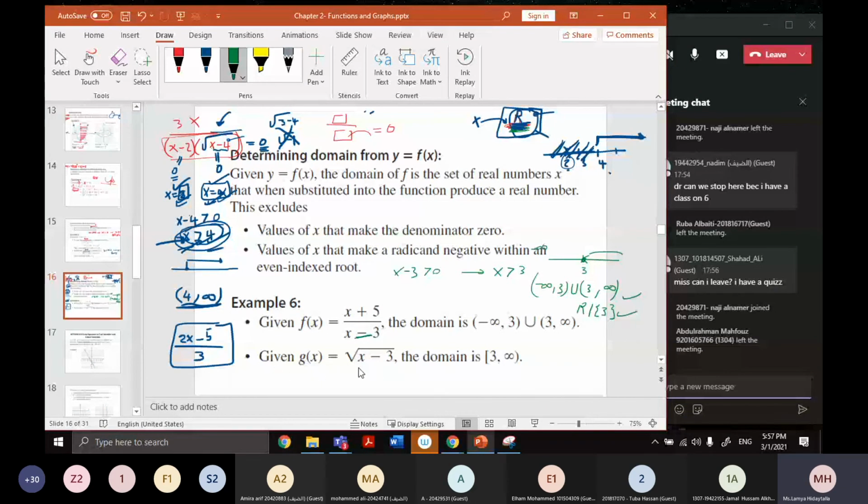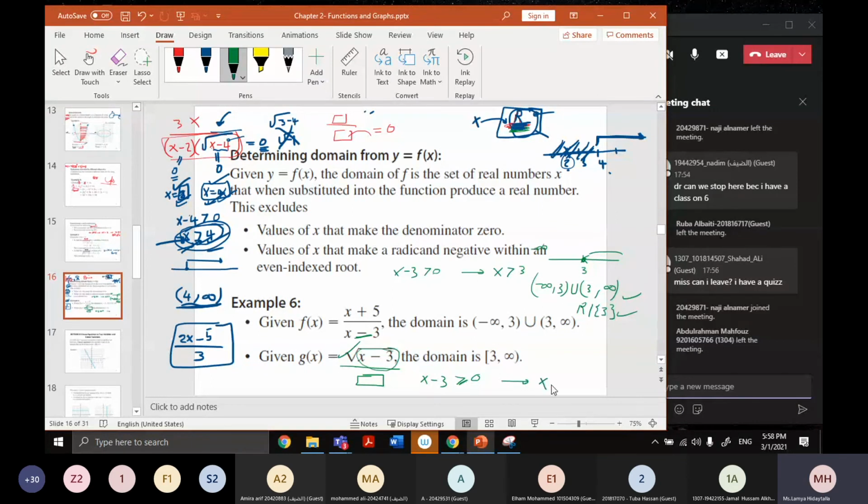Here, what is the domain? I need what is under the square root to be not a negative quantity. That means x minus 3 is greater than or equal to 0. Is there a problem with the equality? No, there is no problem, why? Because it is in the numerator, not in the denominator, so I can put the equality.